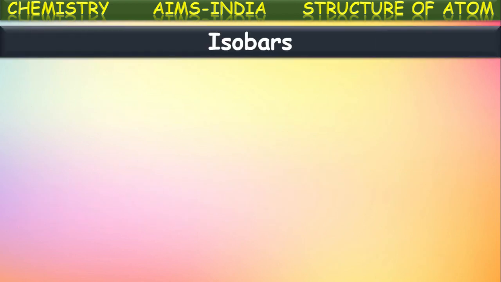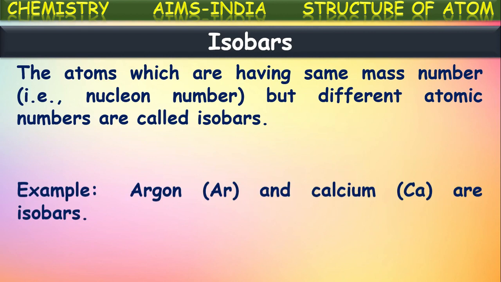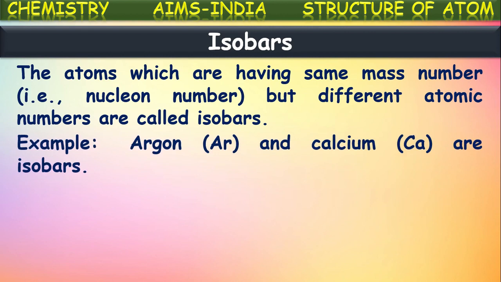Next, let us see one more relation between the atoms based upon the fundamental particles: isobars. The atoms which have the same mass number but different atomic numbers are called isobars. For example, argon and calcium come under the set of isobars, meaning they have the same mass numbers but different atomic numbers.